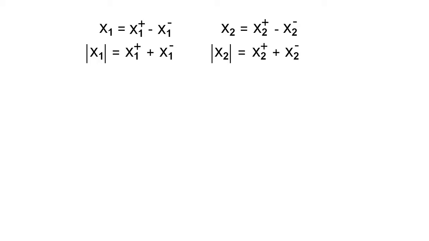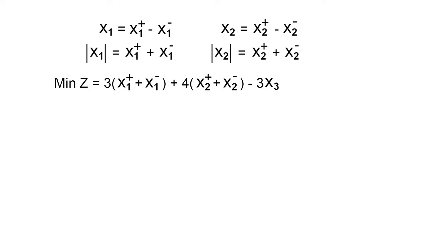In this case, that's going to be min z equals 3 times the absolute value of x1, which is transformed using this equation, so that becomes 3 times x1 plus plus x1 minus. But we transform the absolute value of x2 using this equation, which is plus 4 times x2 plus plus x2 minus, minus 3x3. No transformation is needed for x3. We now look at the constraints.